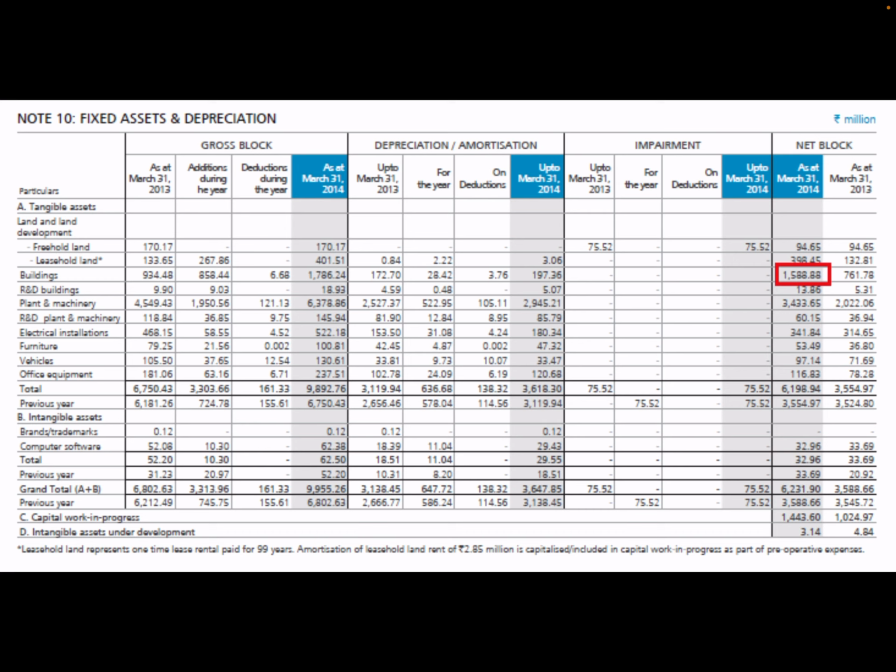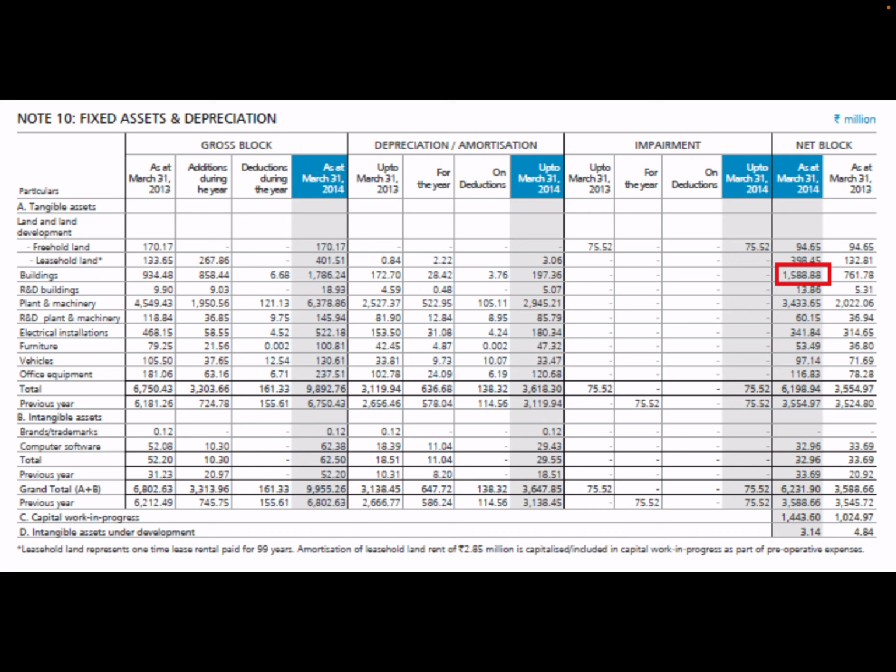This amount is usually mentioned in the net block section. CWIP is the work that is not yet completed but where capital expenditure has already been incurred. As we can see, ARBL has rupees 144.3 crores under CWIP.